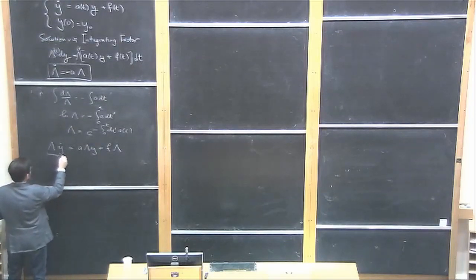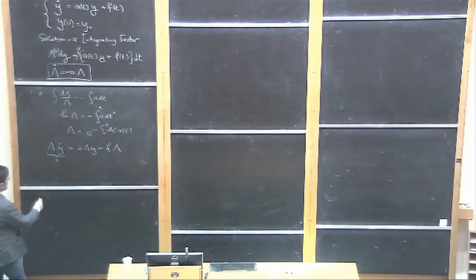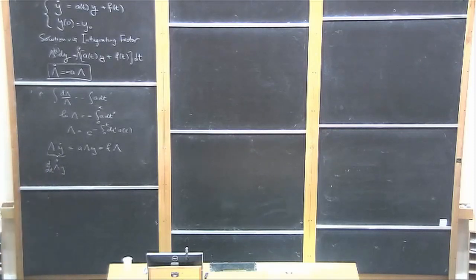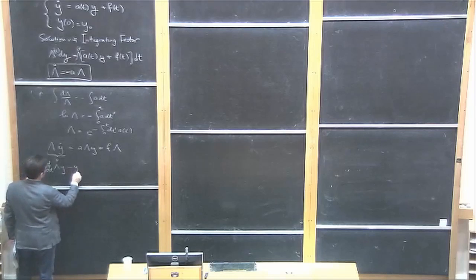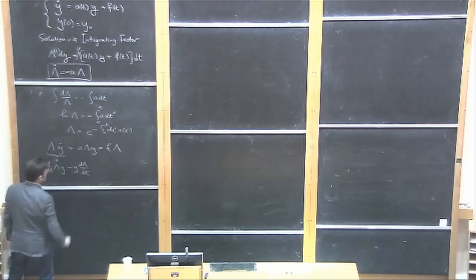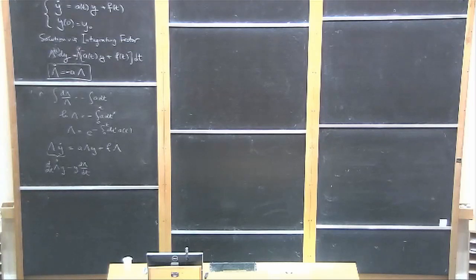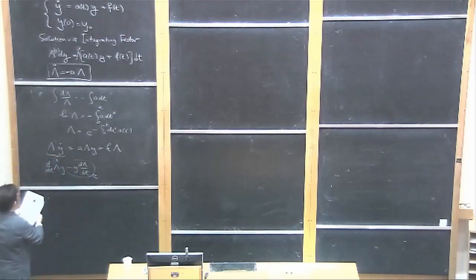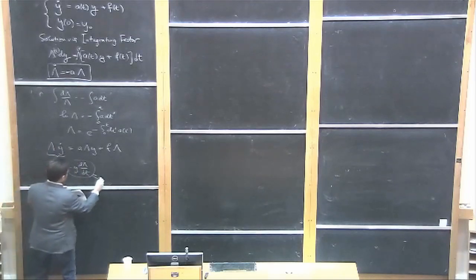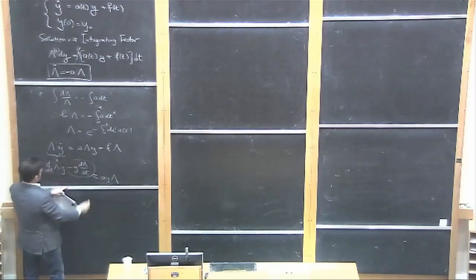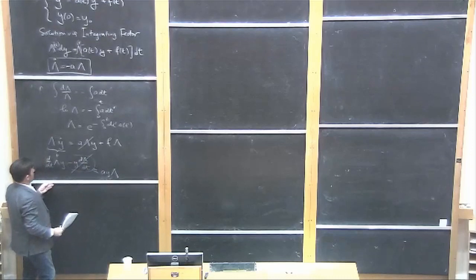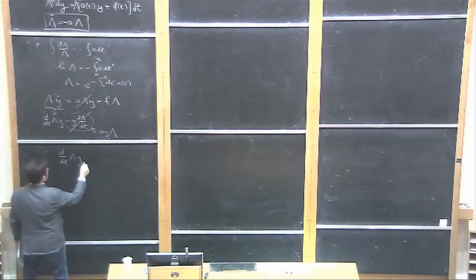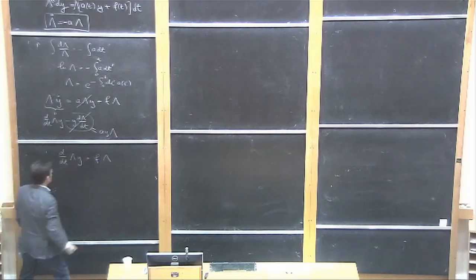Well, what I now want to say is that this lambda y dot is d by dt of lambda y minus y d lambda by dt. And then this minus y d lambda by dt, because lambda satisfies lambda dot equals minus a lambda, is actually a y lambda. And so this cancels with this, as it should. And we end up with an equation that looks like this: d by dt of lambda y equals f lambda. And this is now separable.